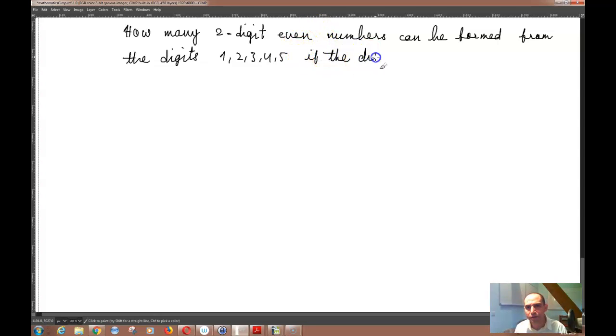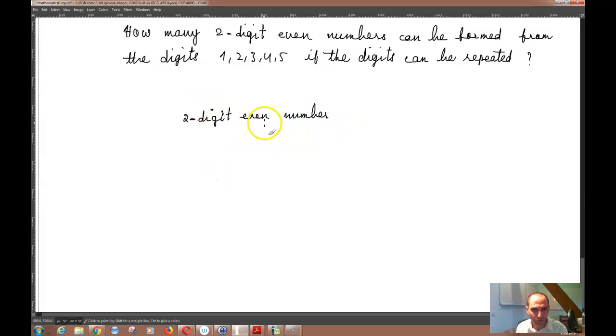If the digits can be repeated, right? So you want to create 2-digit even numbers. So a 2-digit even number is basically a number that, first of all, has 2 digits, right?